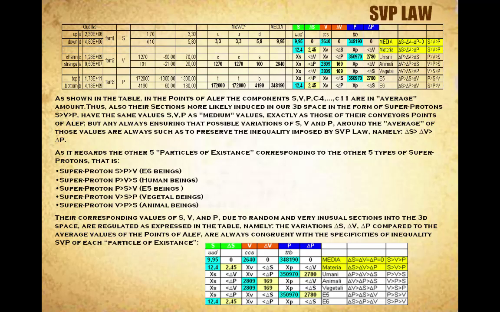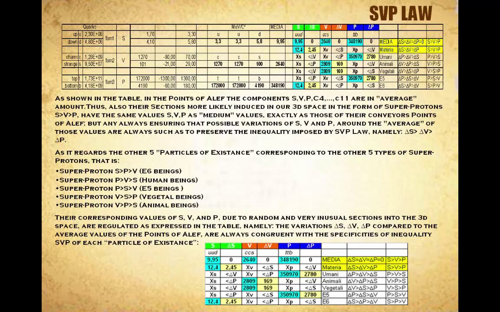As regards the other 5 particles of existence corresponding to the other 5 types of superprotons: superproton S > P > V, corresponding to E6 beings; superproton P > V > S, corresponding to human beings; superproton P > S > V, corresponding to E5 beings; superproton V > S > P, corresponding to vegetal beings; superproton V > P > S, corresponding to animal beings.